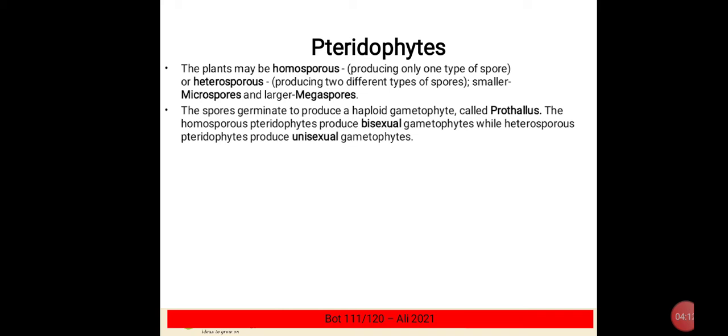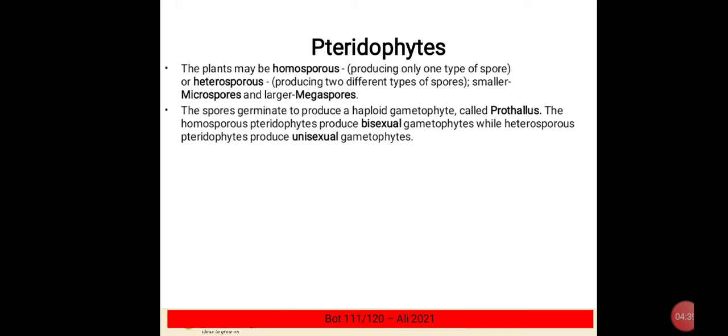Spores germinate. After they germinate, they produce a haploid gametophyte, and this gametophyte we call the prothallus. Prothallus is a structure which has the rhizoids. It is below the sporangia. We'll see it later. So that haploid gametophyte is called the prothallus.